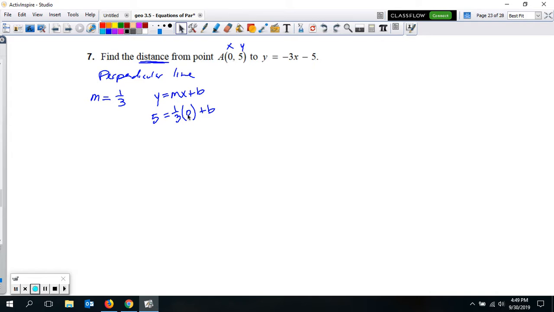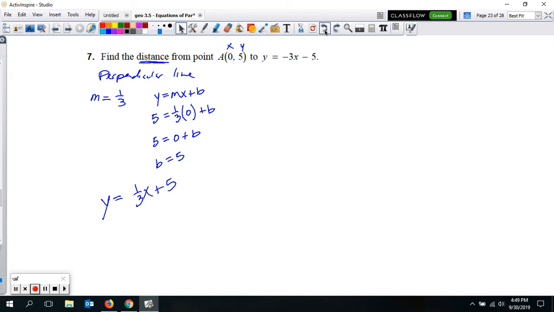So we plug in x, that's 0. 1/3 times 0 is still going to be 0. So that makes it pretty easy that b is just going to be 5. I probably didn't even need to figure that out myself. I just knew that looking at this, whenever x is 0, that's the y-intercept right there, 5. So that's b. So I could plug that in now and say my equation is y equals 1/3 x plus 5.